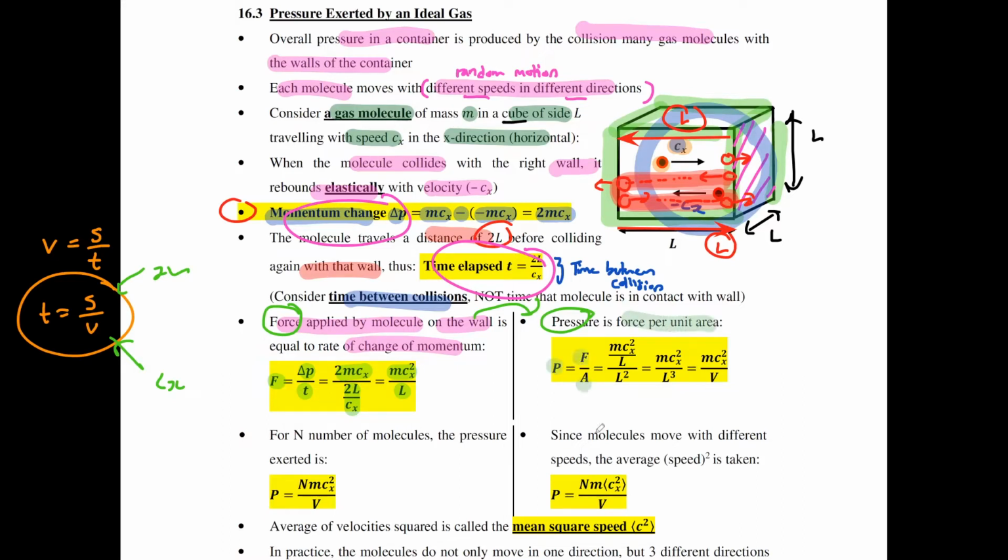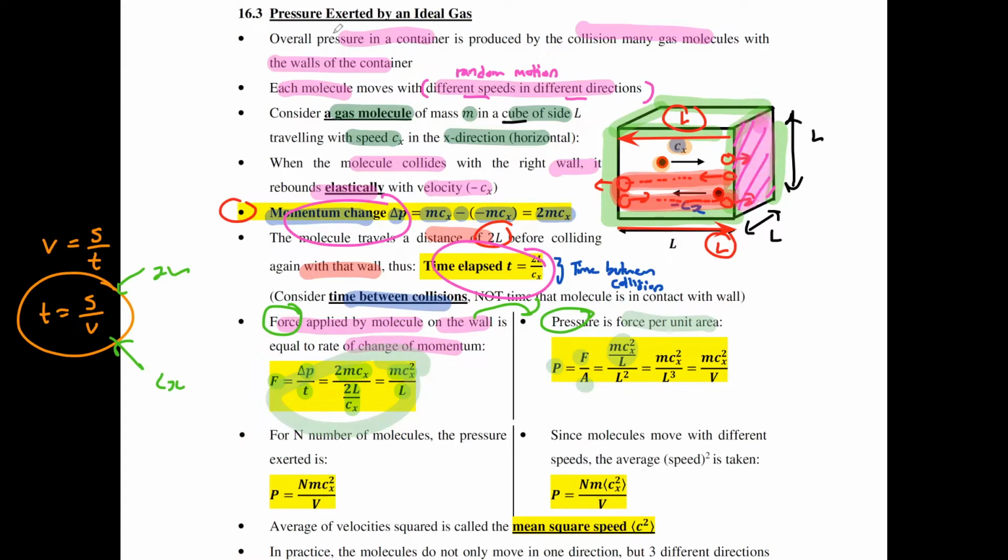So you take force divided by area, where the force is mcx squared over L, which you already found here. And then what about your area? Your area is referring to this. Let me just erase this circle here. Your area that you're talking about is this area.